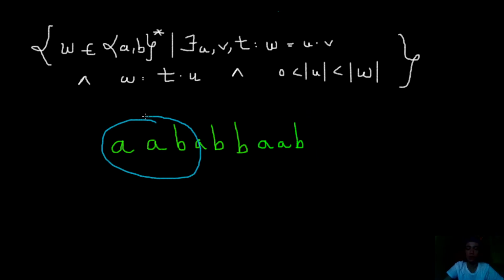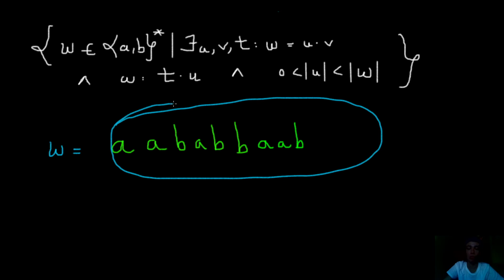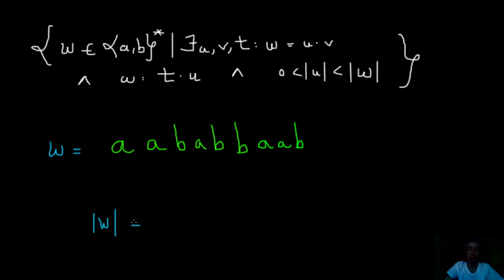So what's the size of this? 3. The size of this is 3. What's the size of the whole word? The length of my word is 1, 2, 3, 4, 5, 6, 7, 8, 9. So it's 9. And the prefix and the suffix, as they have size 3, it is less than 9. So this is an accepted word.